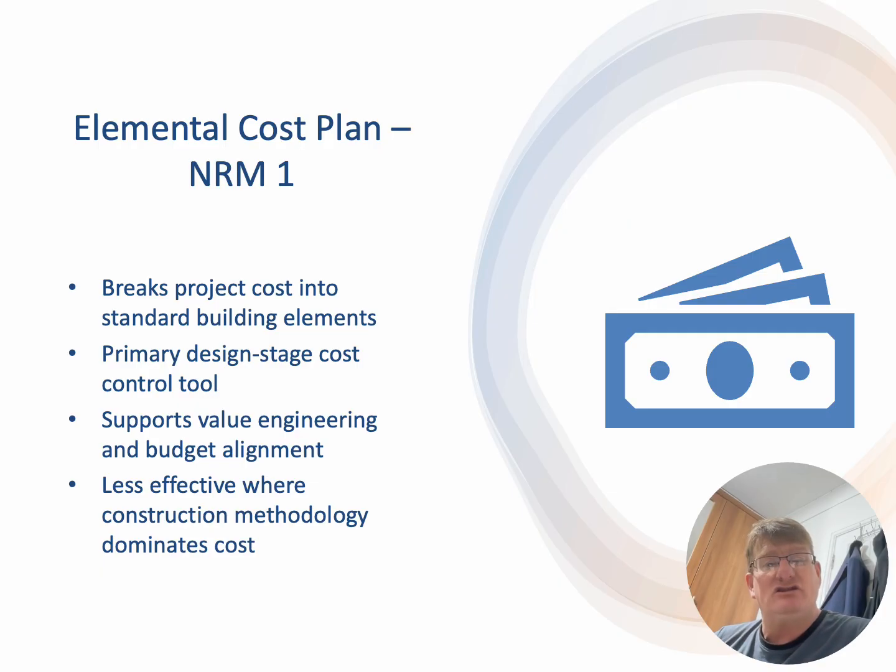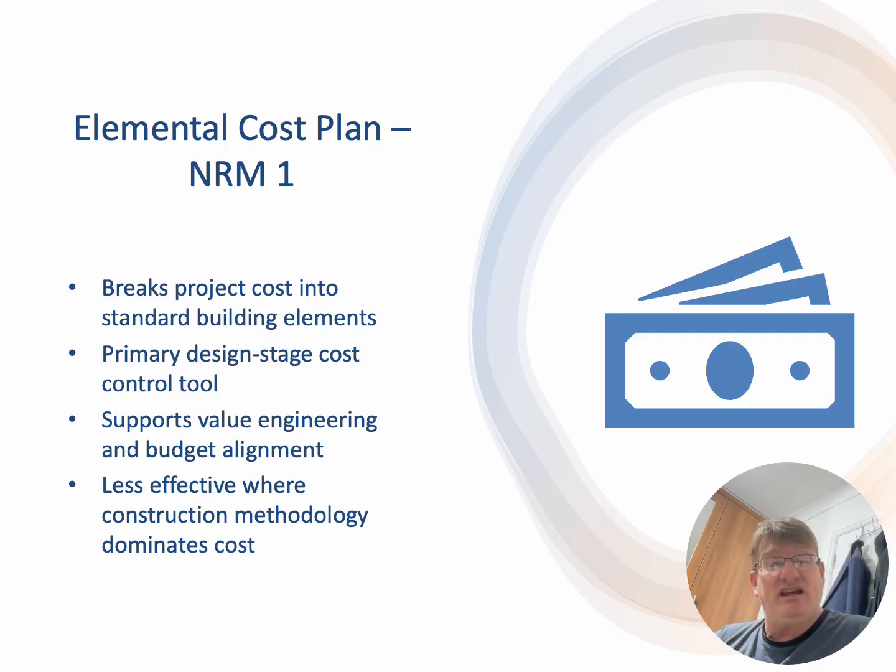It's a primary design stage cost control tool that supports value engineering and budget alignment, because you can come up with different models based on different designs. That helps with budget alignment and value engineering principles.